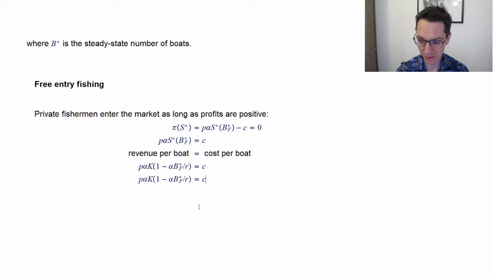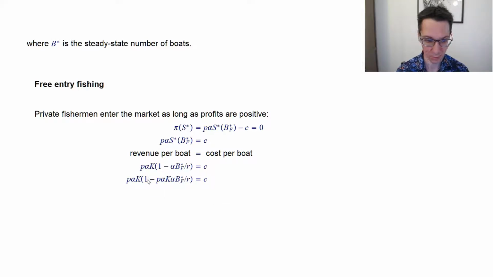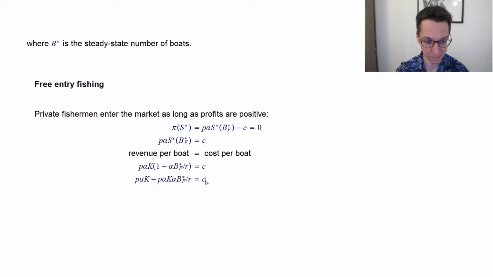So what we can do here is multiply this in the parentheses. And then what we want, of course, is the steady state number of boats.